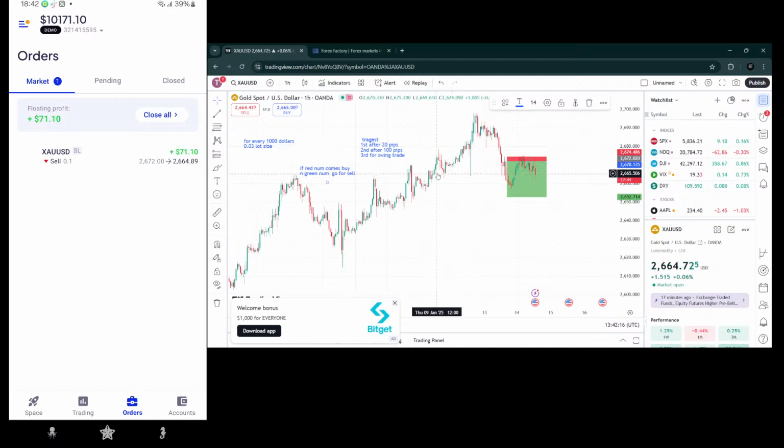Like not taking SL, doing hedging, then the money will be stuck in the middle. For example, if you are doing 1,000 and you are doing 0.03 lot size, it's $3. So with every dollar, $3 will be stuck. So for that reason, I only do hedgings.